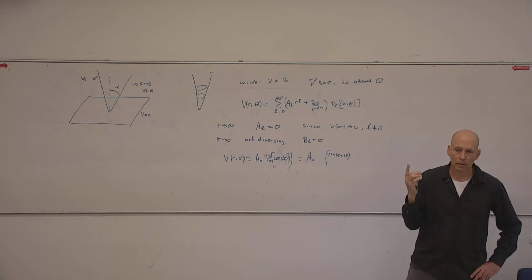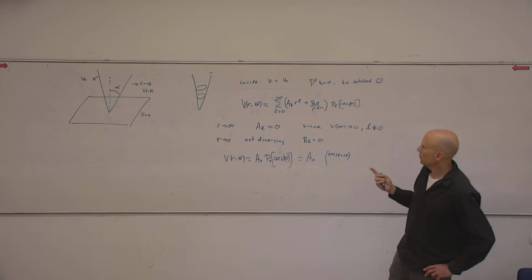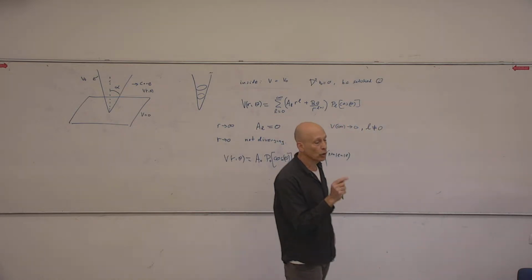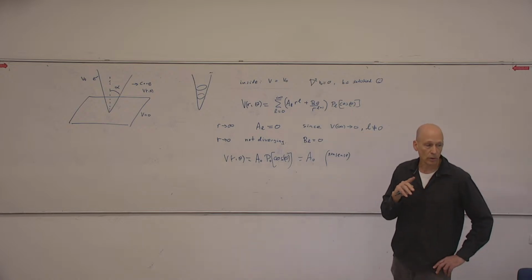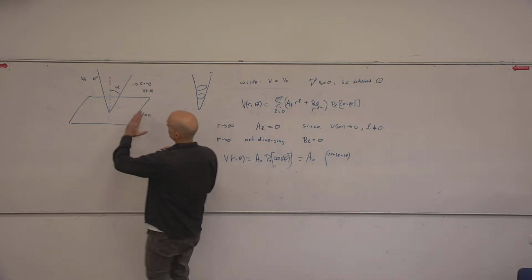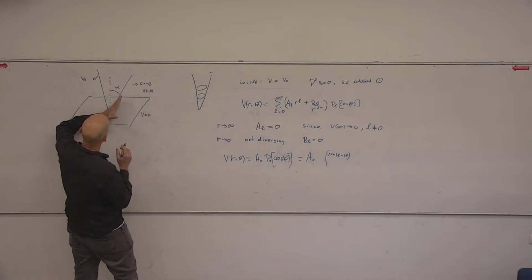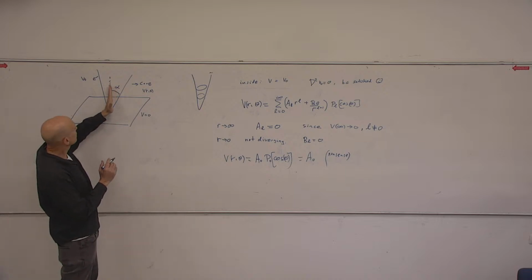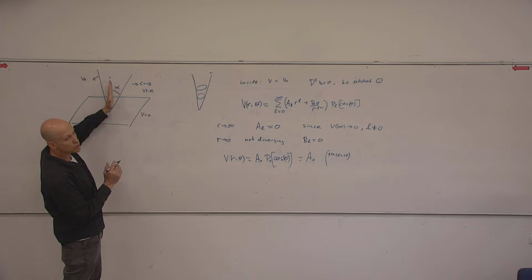In the origin? What is the origin here? Not R. The Legendre function depends on theta, right? So not on the surface. They diverge at theta equals 0. So you have some functions that will diverge when theta is 0. But in this problem it's not part of the problem because theta has to be bigger than alpha.